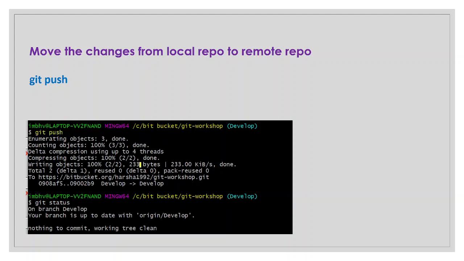The git push is going to push the changes to the remote, this remote repository URL. Those changes will be available there. When I use git status again, nothing to be committed and the branch is up to date with develop, that is the remote.